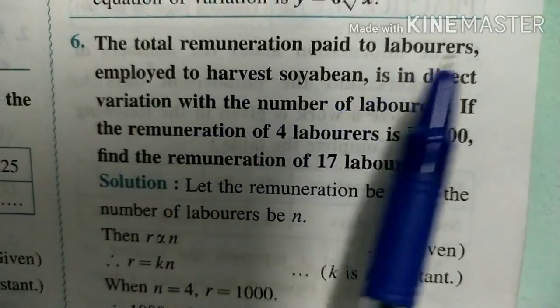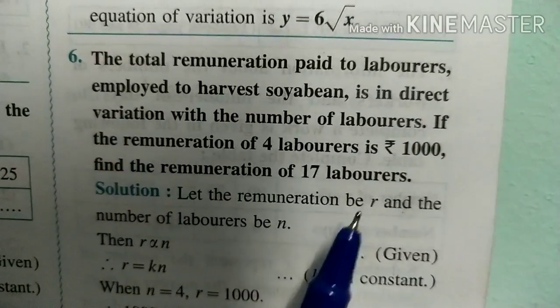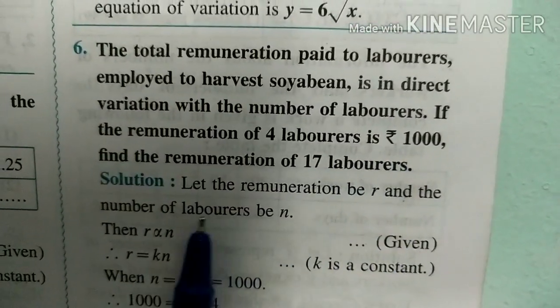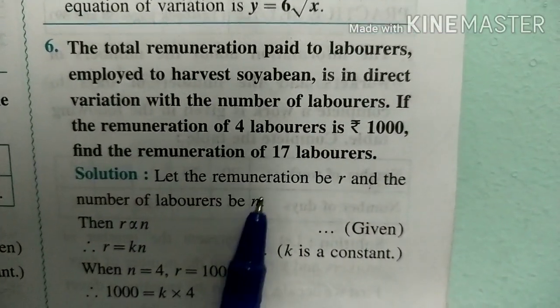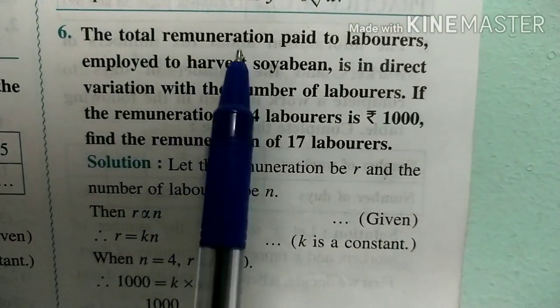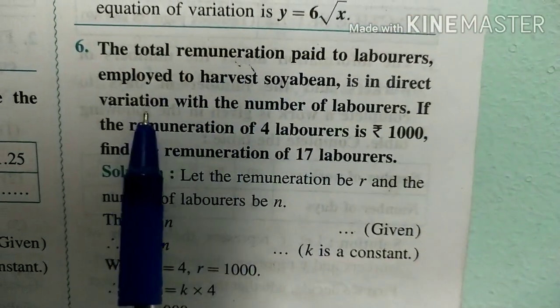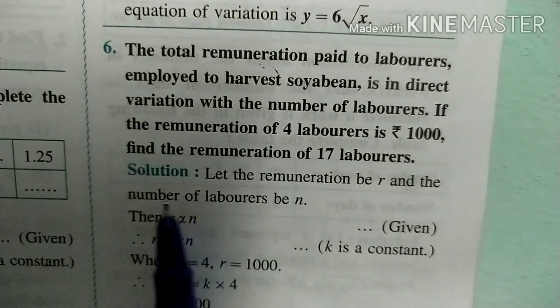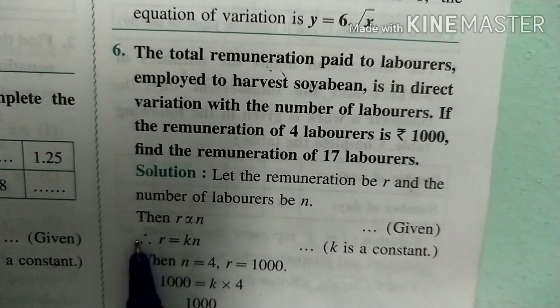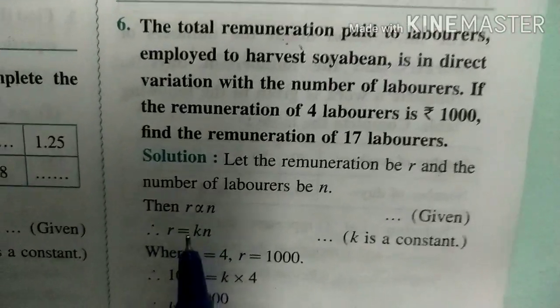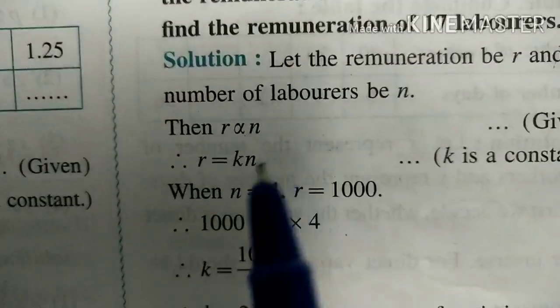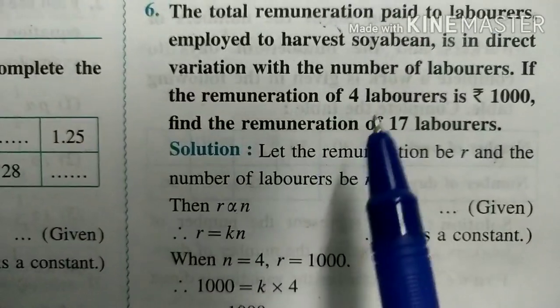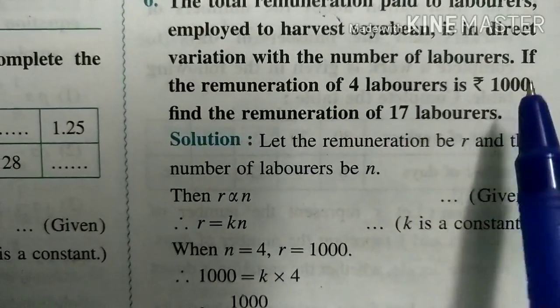I'll just repeat it once again. The total remuneration paid to laborers is the amount. It should be in rupees, okay? And the number of laborers is taken as N. R is in direct variation with N. So R you will write first, N you will write afterwards, and then you will write it in the equation format, that is R is equal to kN, and then you will take N is equal to 4 and R is equal to 1000.